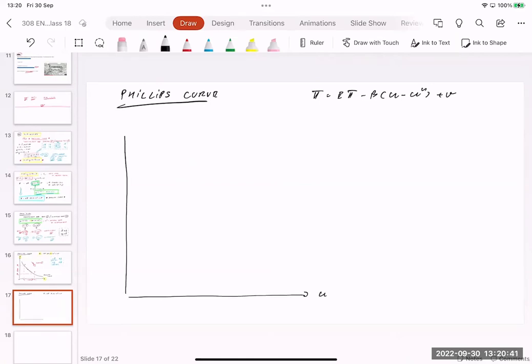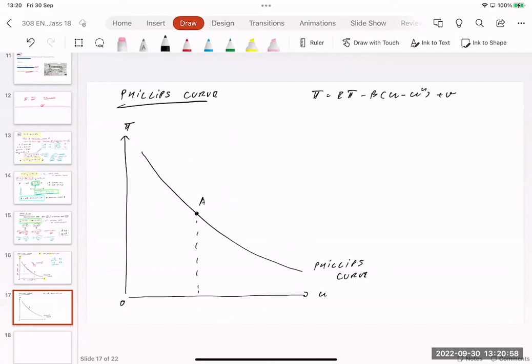This is U and pi. For example, I have a Phillips curve like this. This is the Phillips curve. For the reference point, for example, I have the reference point at point A.